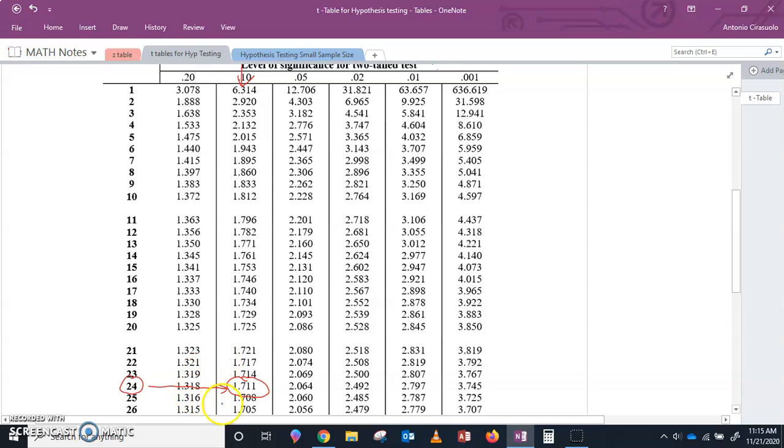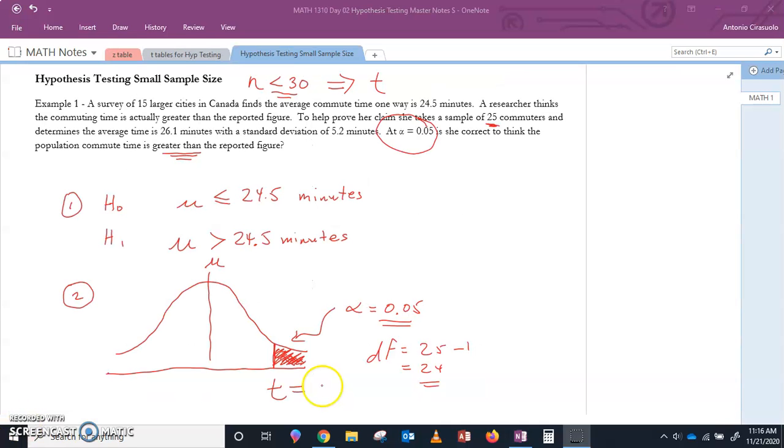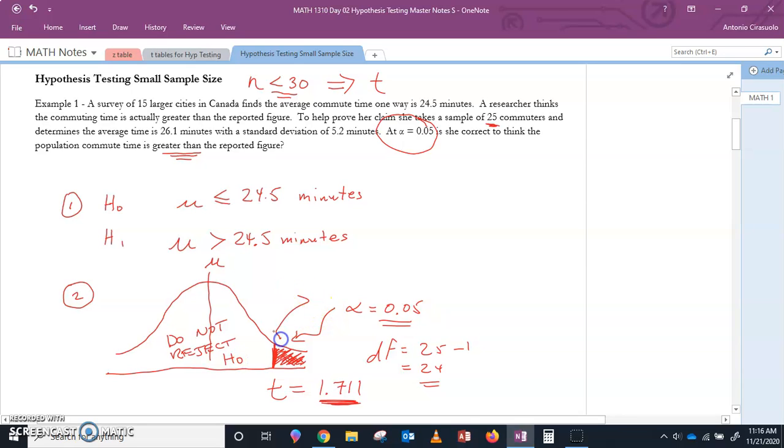So in this case, 1.711 is the critical value that we would put on our graph. Once again, if our test ends up being here, we do not reject our null hypothesis. If it ends up here, we do reject.